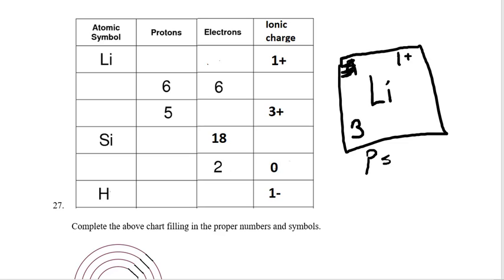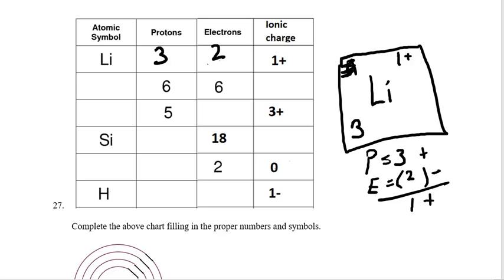If it has 3 protons and the electrons, which are not given to me here, I know that when I add these positive and negative numbers together, I end up with +1. That must mean I have 2 electrons, because +3 plus -2 is +1.